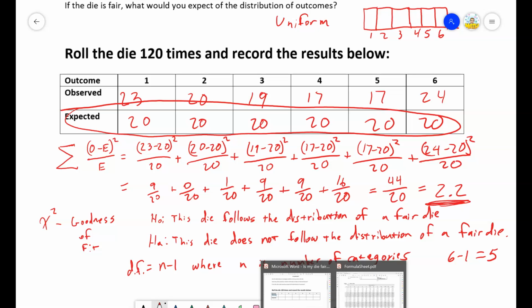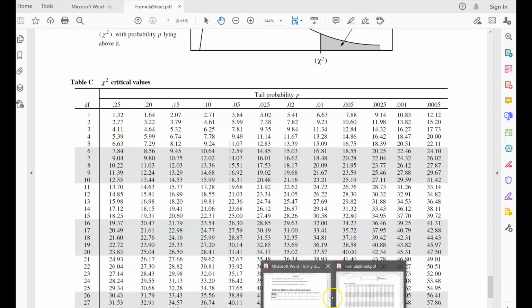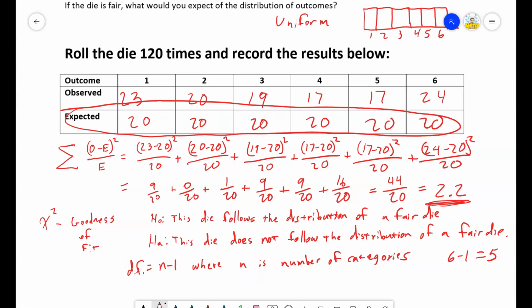So if I go to my chi-square distribution and I find my 5 degrees of freedom row and I roll out, I'm going to see that for a p-value of 0.25, I'm already at 6.6, okay? So what that means in terms of the chi-square distribution, if I come back to a graph here, if I go out to 6.6, the area to the right of that is 0.25.